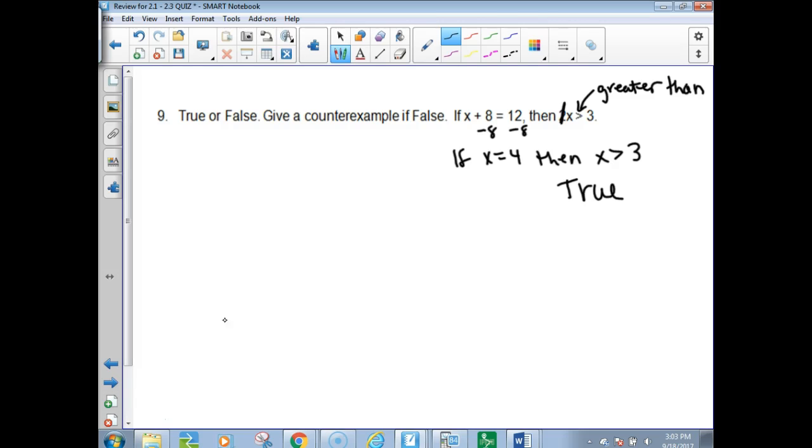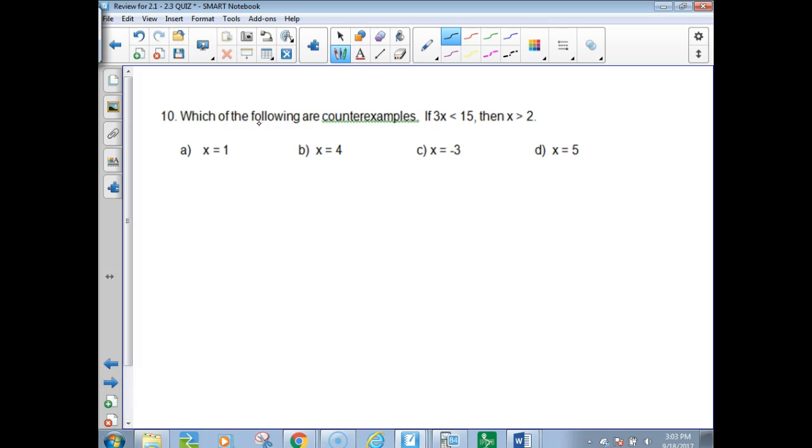All right, so then if we go to number 10, which are counterexamples of this? First I must meet the hypothesis, and that would be x is less than 5 if you divided by 3. Okay, now, which ones in there? We want to find counterexamples. This says that x is less than 5.